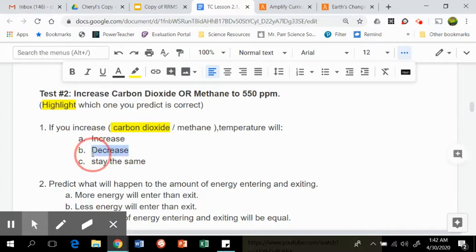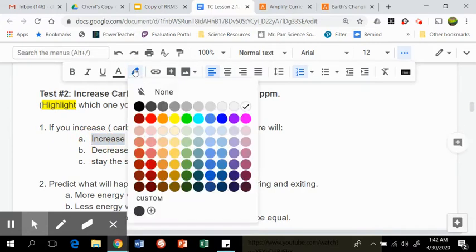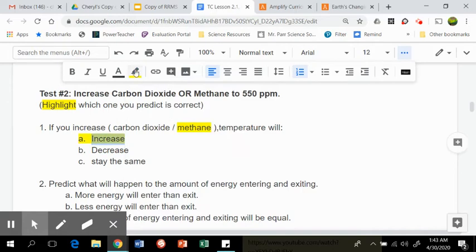Do you think it's going to decrease? Then you're going to highlight that and choose your color. If you don't want to focus on carbon dioxide, maybe you want to focus on methane, choose methane, and then decide what you think is going to happen when we increase methane.